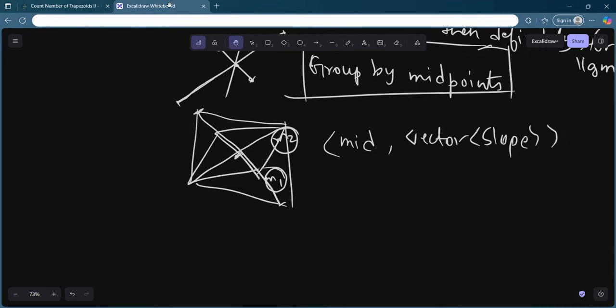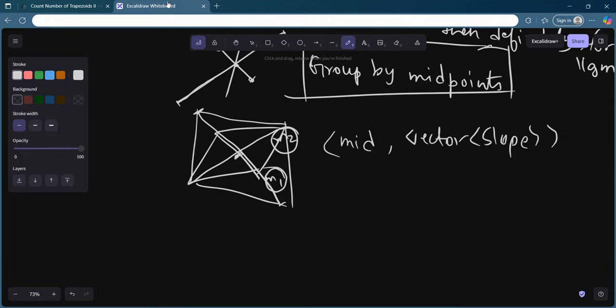And why exactly? Because you see, if you get two line segments over here, so what I'm trying to say is that for a particular point, you get one line segment, you get two line segments, okay? Now with another slope you get one line segment. Now this particular line segment can form a parallelogram with this one, and this one can again form a parallelogram with this, so 2 into 1.